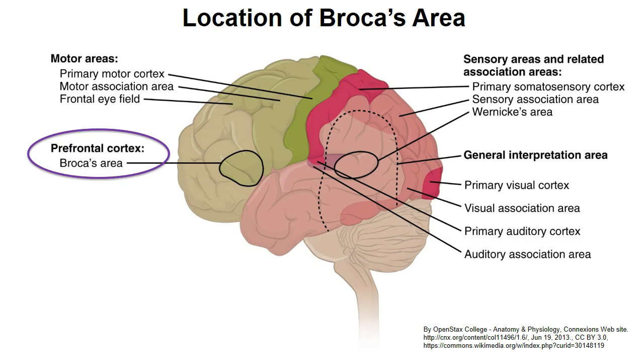They don't have problems speaking, but they have problems putting together a response, understanding what you're saying, and interpreting language. Where is this located? It's in the temporal lobe. So certain types of dementia that affect the temporal lobe cause problems with understanding language.